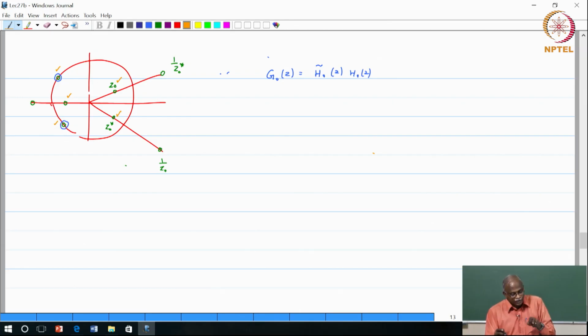So, this also affirms that you can get something of the form H naught of z, H naught tilde of z. Which also says that I can write G of e to the j omega as H naught of e to the j omega magnitude squared.